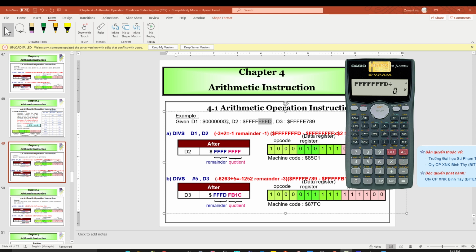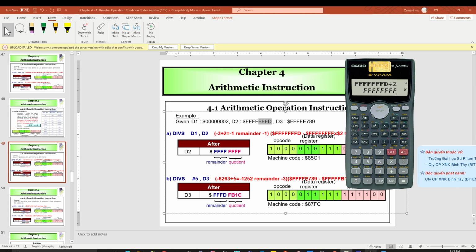D1 is a positive number. This is word size. Word size is the MSB is 0. It's a positive number. Divide by 2. Then you can get the answer FFFFFFFF. But because you only have to put words only for the quotient, this is the FF value going to put at the quotient over here. And then you have to find the remainder.